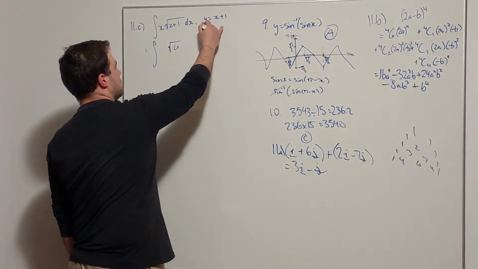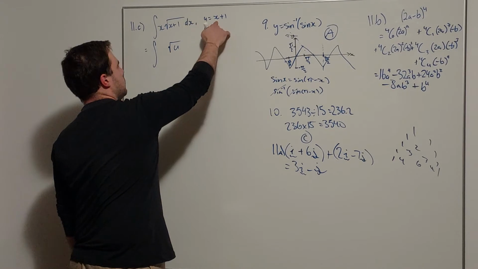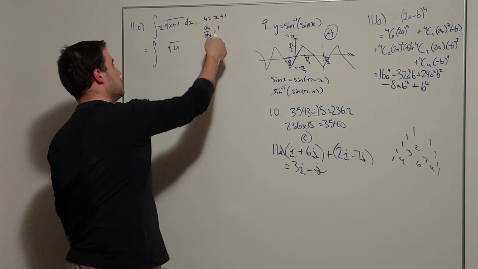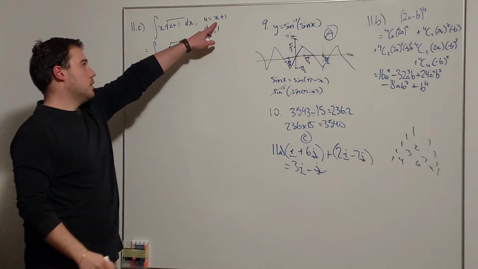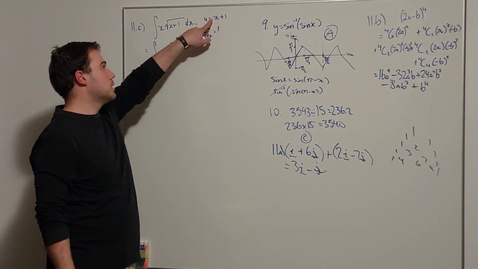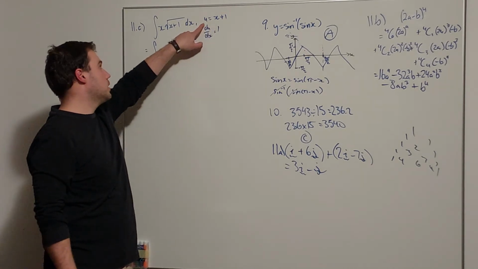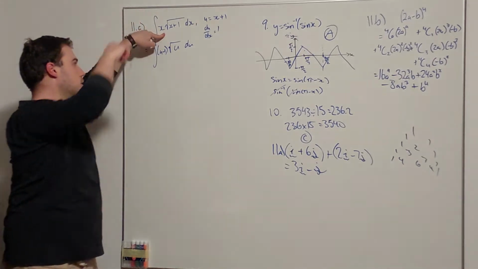So to replace dx, we've got du dx equals 1, which means du equals dx. And then if we've got u equals x plus 1, then if we make x the subject and minus 1 from that side, this x here is replaceable with u minus 1.